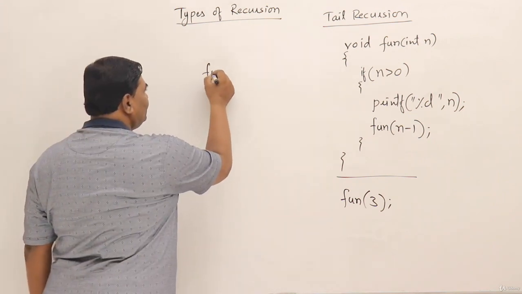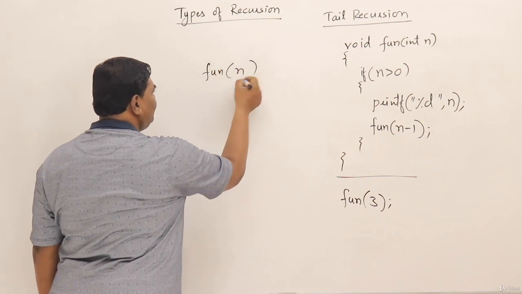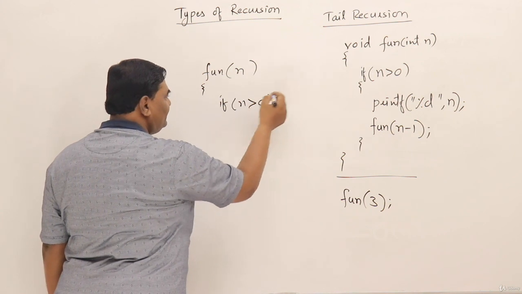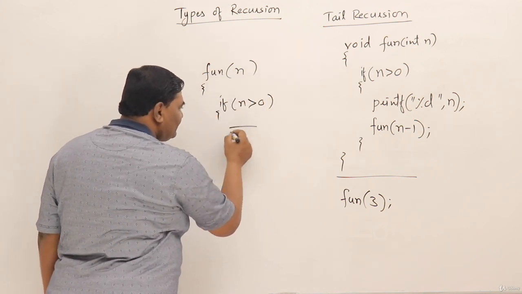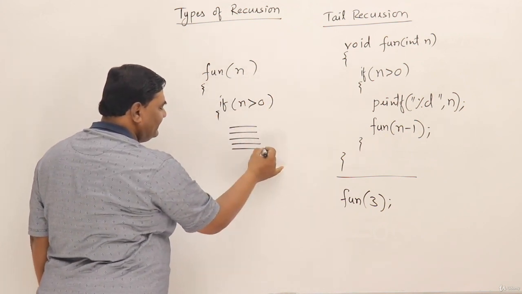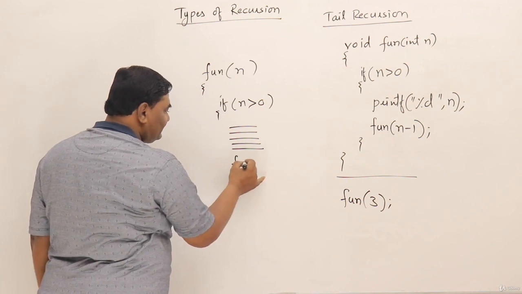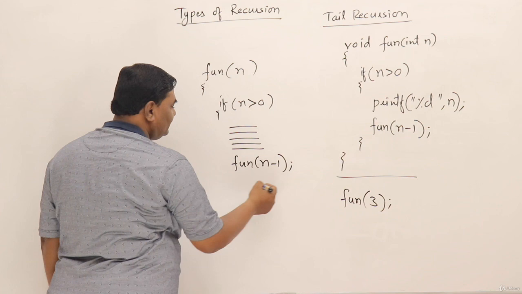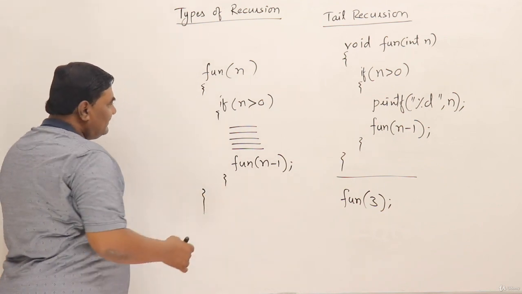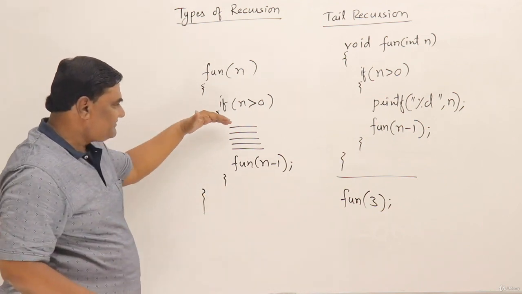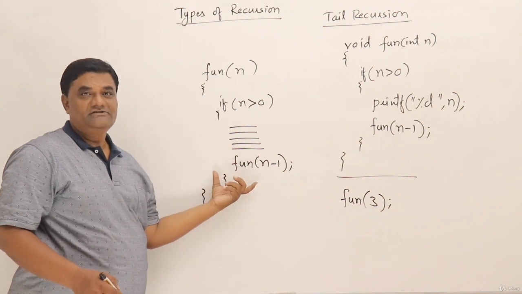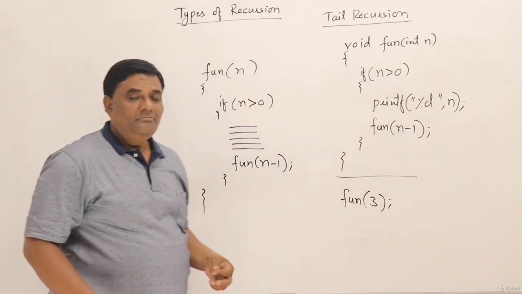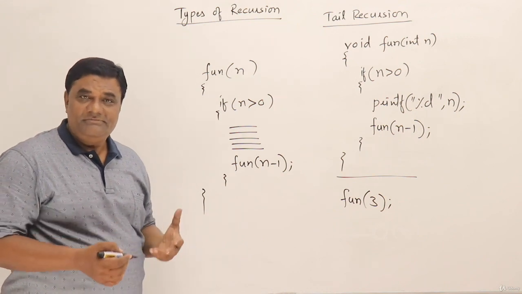For example, this is fun, taking some parameter n, and if n is greater than 0, there are some statements inside, then the last thing is it calls itself with a reduced value of n. Whatever it has to do, it performs first, then it calls itself. In this example I have just written printf, but a function may be doing a lot of things.